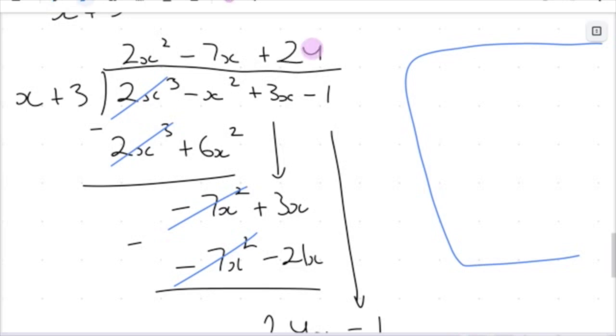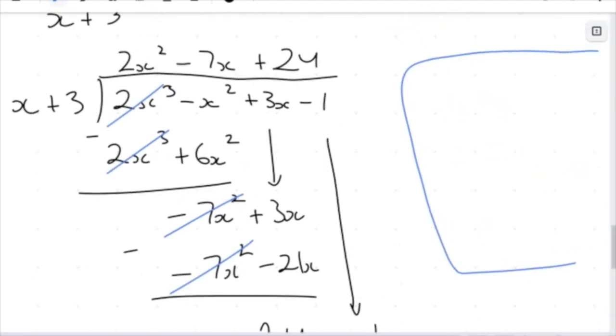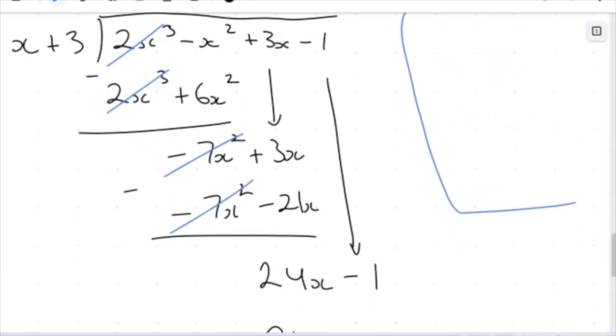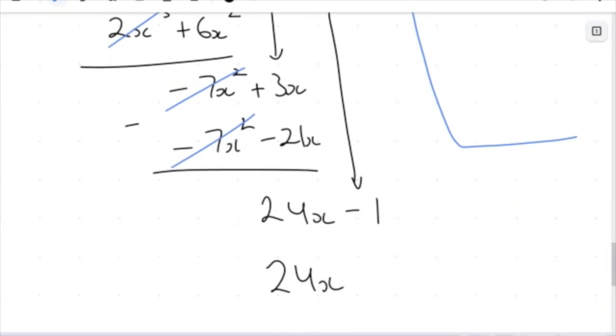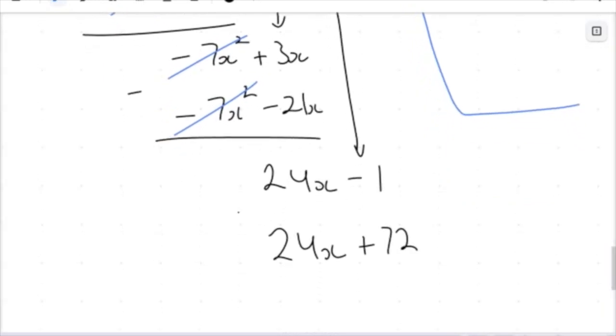And then finally multiplying this guy by my divisor. That's going to give me 24x. And 24 times 3, that's going to be 72. So positive 72. Okay, now we're almost there. Finally, we subtract these off, gives us 0.